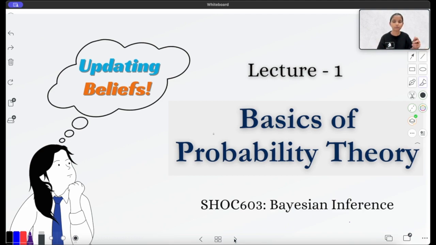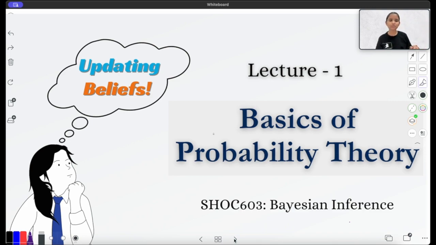Now the only thing you need to change is your thinking: think of probability from the Bayesian point of view. That will make it very easy for you to understand.